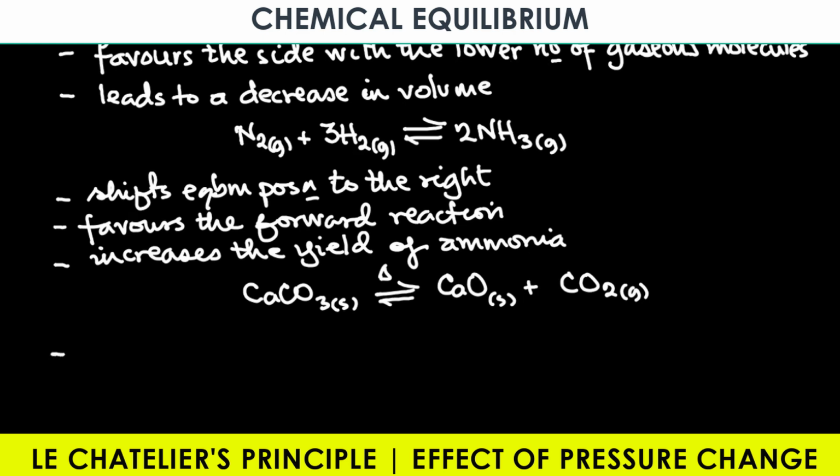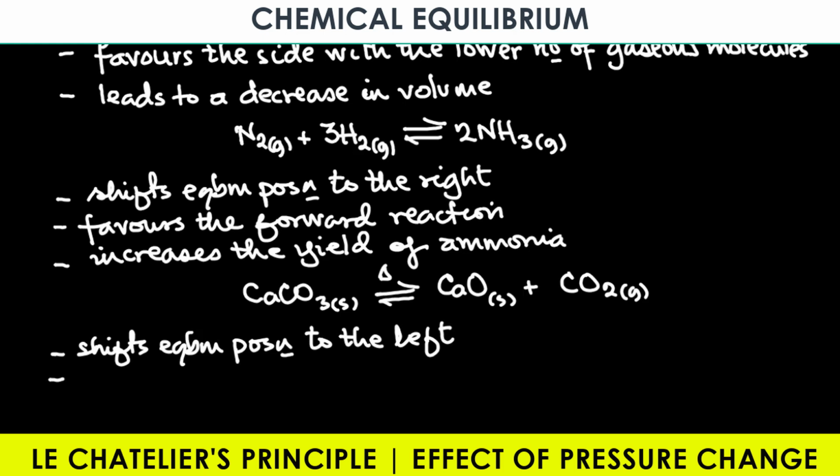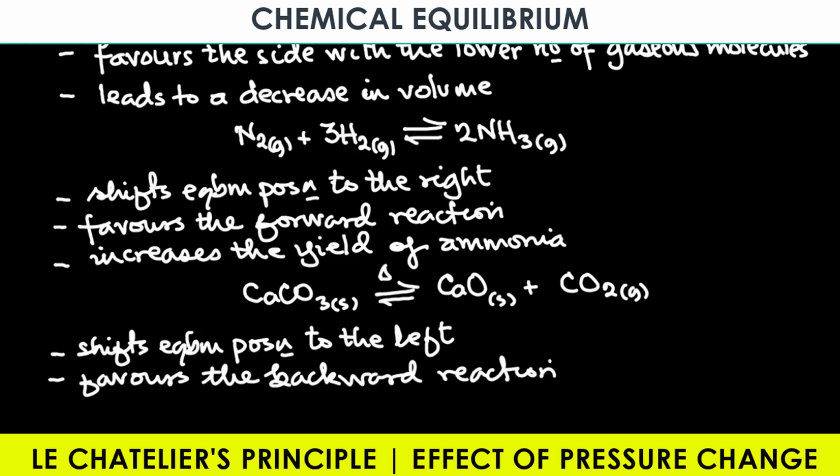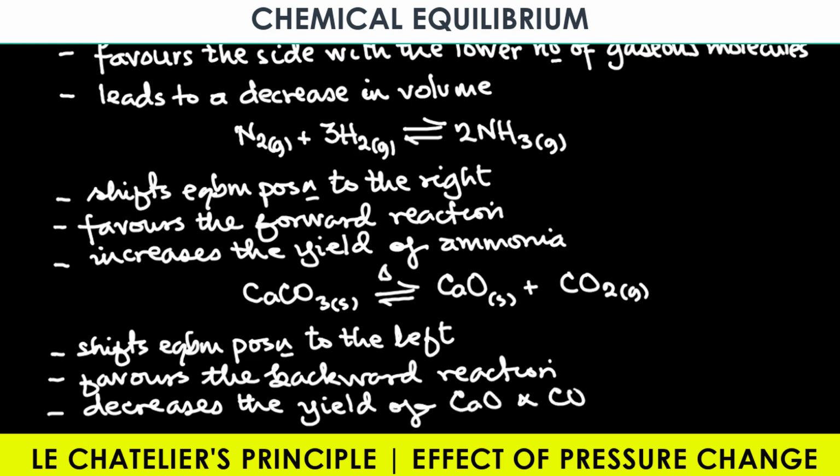So here it shifts equilibrium position to the left, favors the backward reaction, and decreases the yield of calcium oxide and CO2, right?